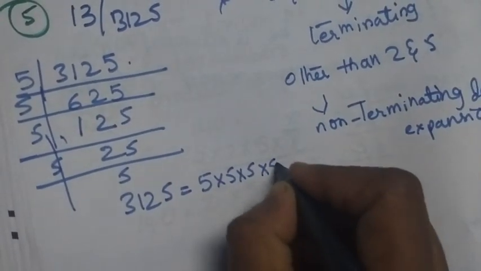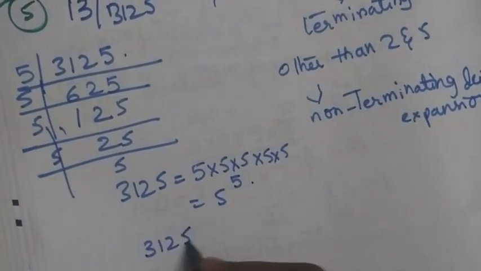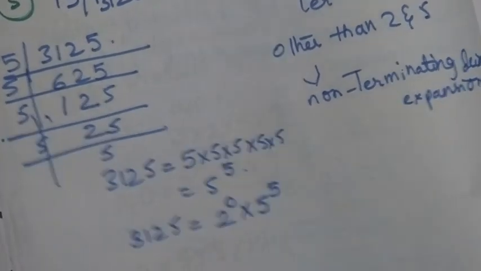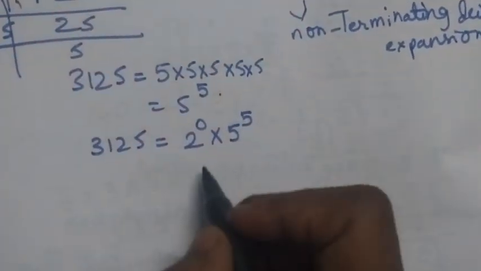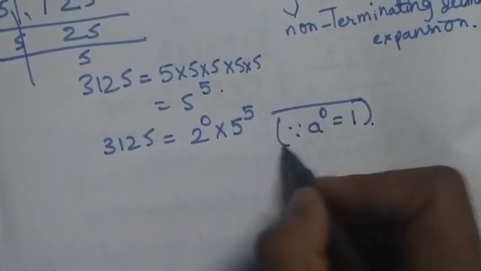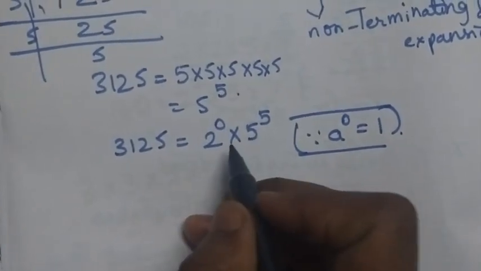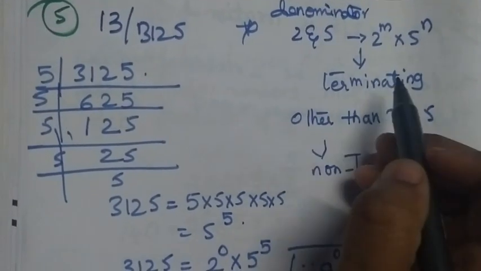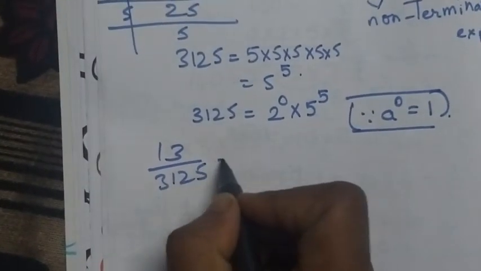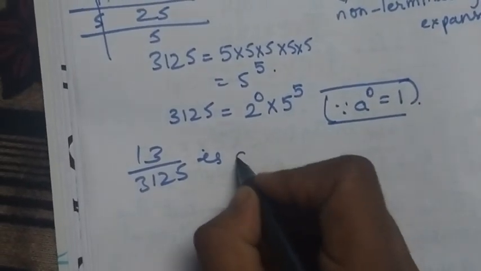So this is 5 power 5. This can be written as the product of 2 power 0 into 5 power 5. 2 power 0 is 1, since we know that a power 0 equals 1. So this is in the form of the product of 2 and 5, so it has terminating decimal expansion. 13 by 3125 has a denominator in the form of 2 and 5.